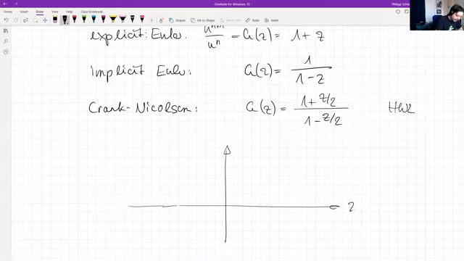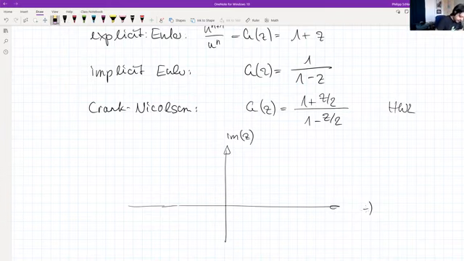So if I plot here, this is as usual the real part of Z, and here we have the imaginary part of Z. Actually, this is not correct.